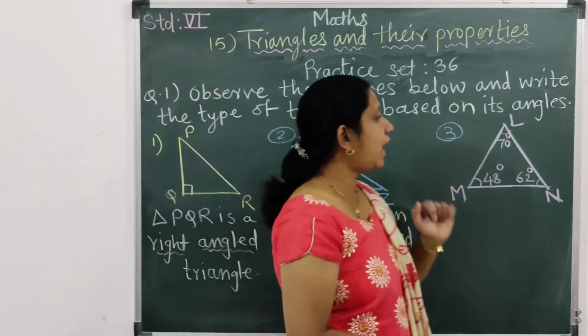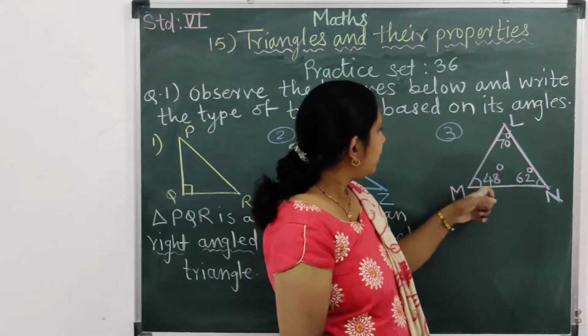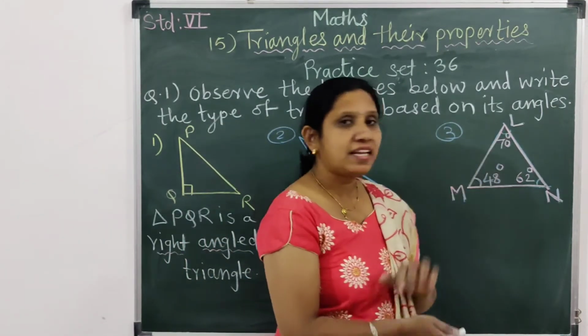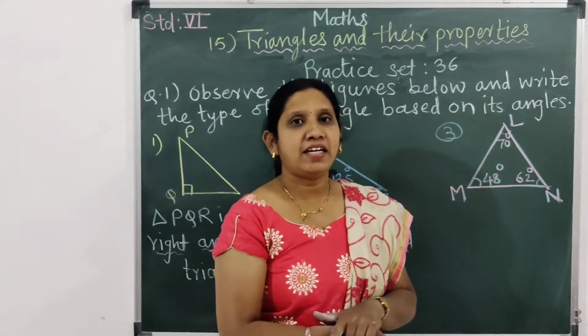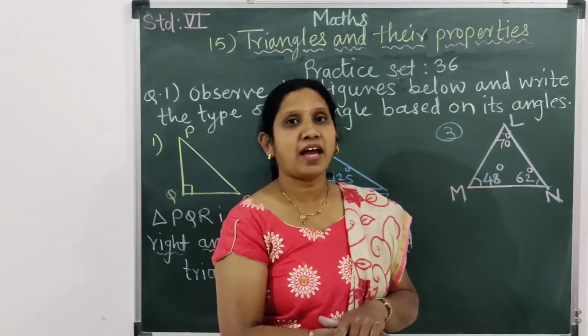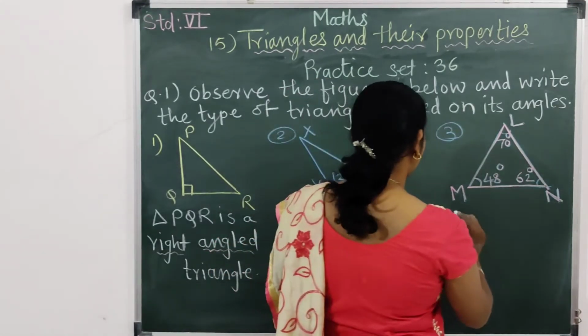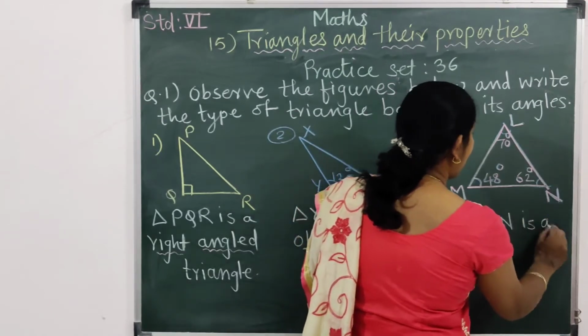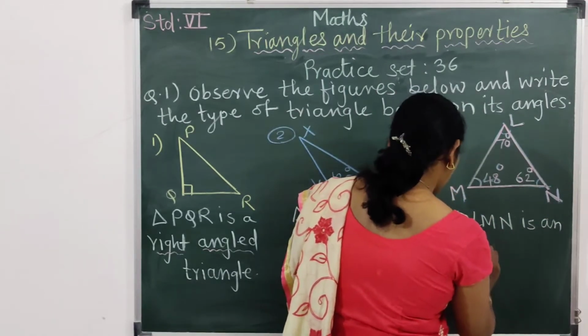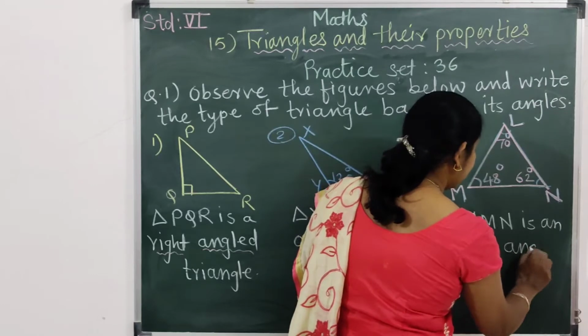Now looking at the third figure, every angle is less than 90 degree. So obviously children, it is an acute angle triangle. So let's write here triangle LMN is an acute angled triangle.